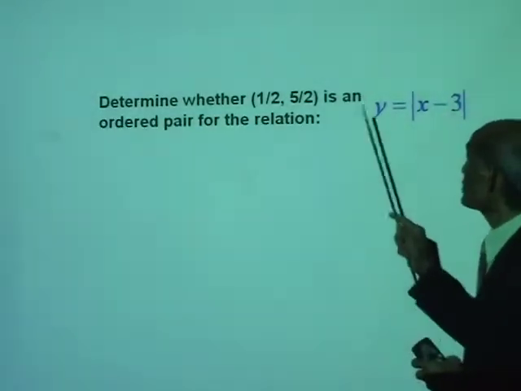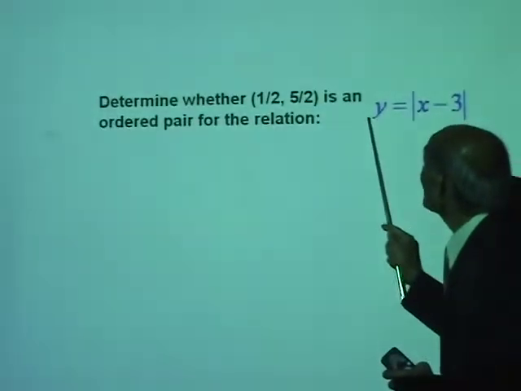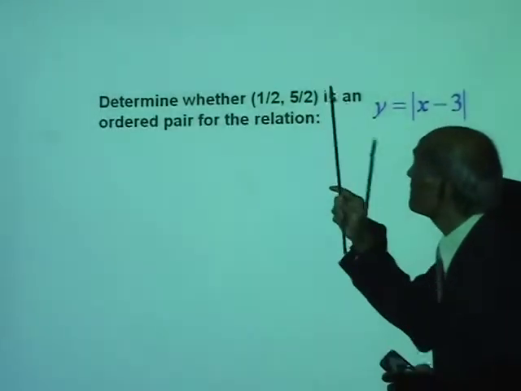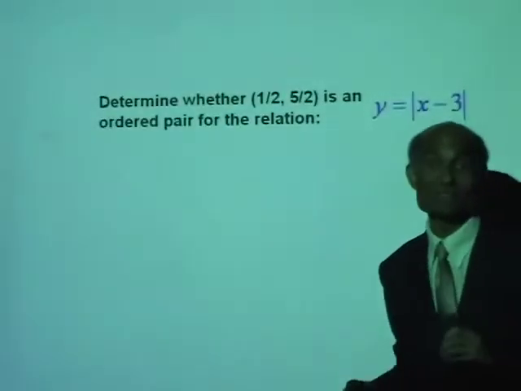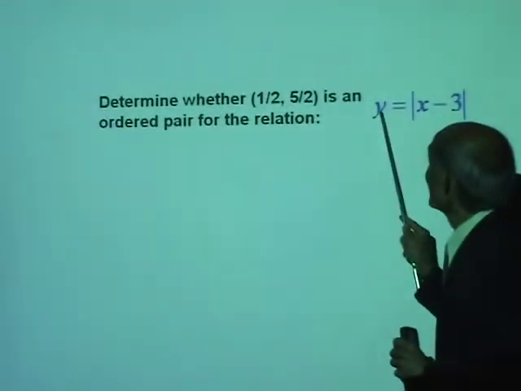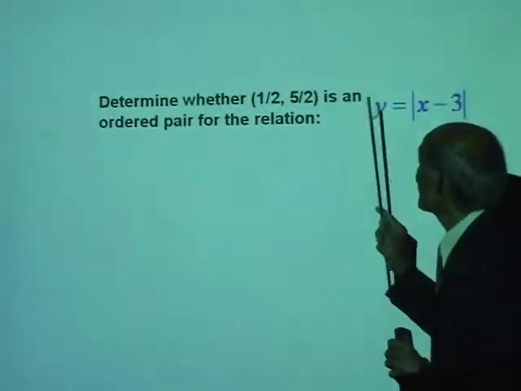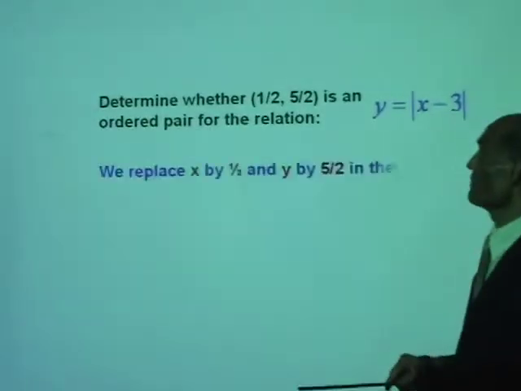The question is, when x equal to 1/2, will the value of y be 5/2? Again, how do we check it? Well, replace your x by 1/2, replace your y by 5/2, and see if the relation remains true.